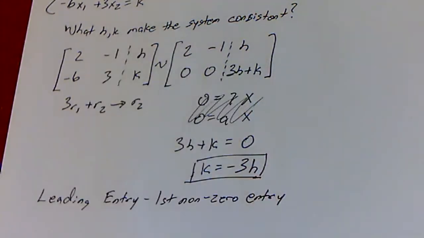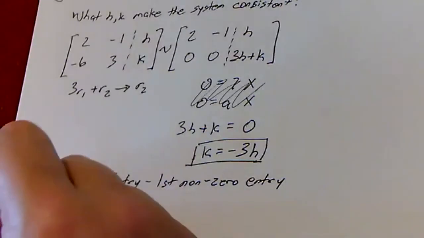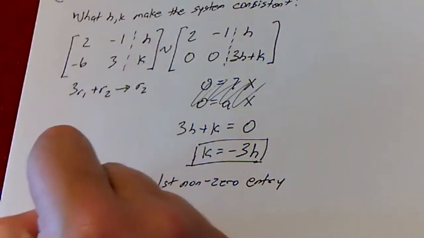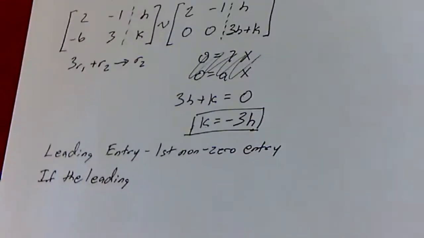So if the leading entry is in the far right column, a little bit of a long theorem here, but we'll get it written down.